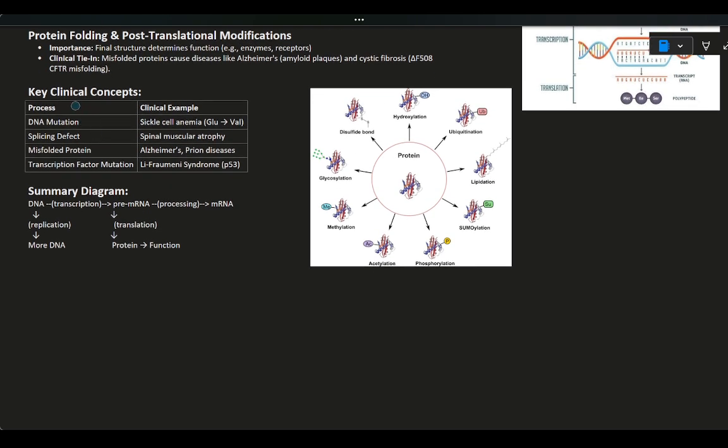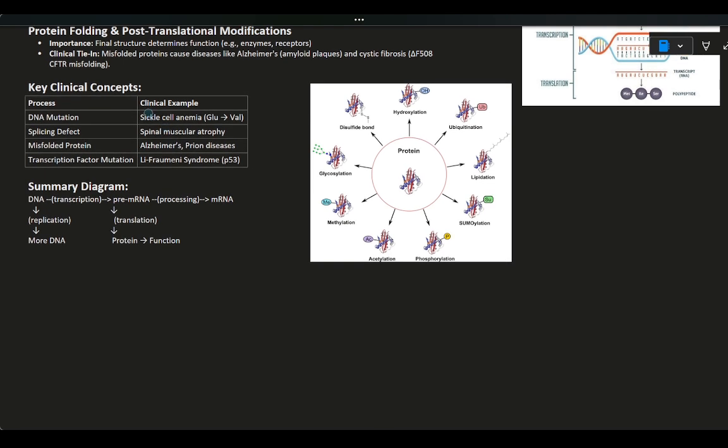So other clinical concepts that involve the central dogma include DNA mutation. One example of this is sickle cell anemia, where the glutamic acid residue is substituted for the valine residue. There's also the splicing defect that can occur, and one of the pathologies that can result from this is spinal muscular atrophy.